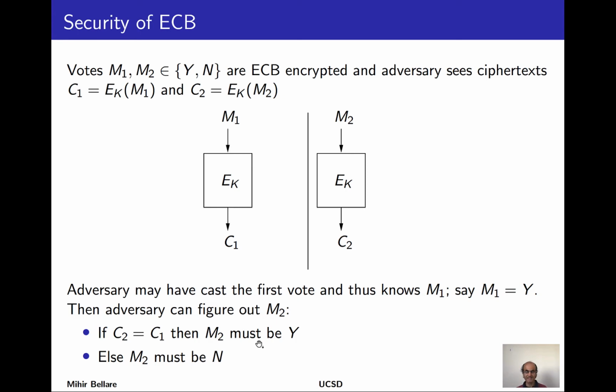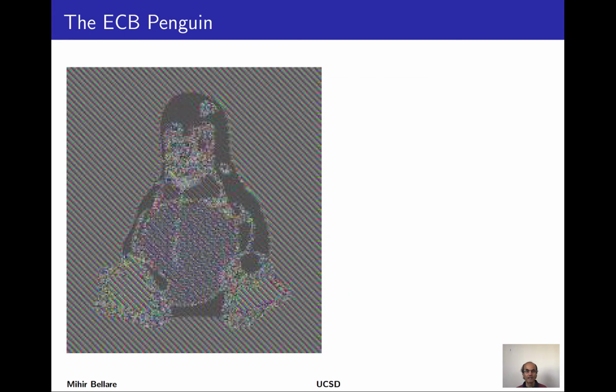So this example shows us how, depending on applications, we need to assess security in a possibly novel or creative way to see whether some scheme is giving us what we want. The weakness of ECB in this regard is quite well known and popular, and one of its common images out there is this encrypted penguin.